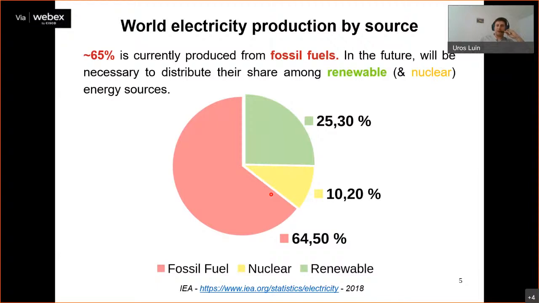So they are not sustainable, and we will run out of them, and they also cause a major impact. But as I said, they are some kind of sun's energy that is stored on our planet.